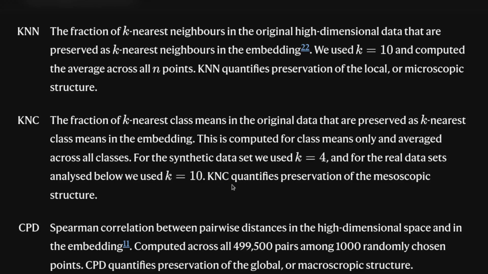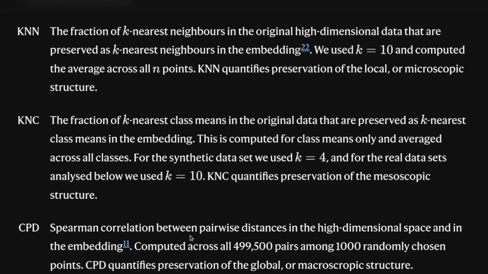CPD: Spearman correlation between pairwise distances in the high-dimensional space and in the embedding 11. Computed across all 499,500 pairs among 1,000 randomly chosen points, CPD quantifies preservation of the global or macroscopic structure.